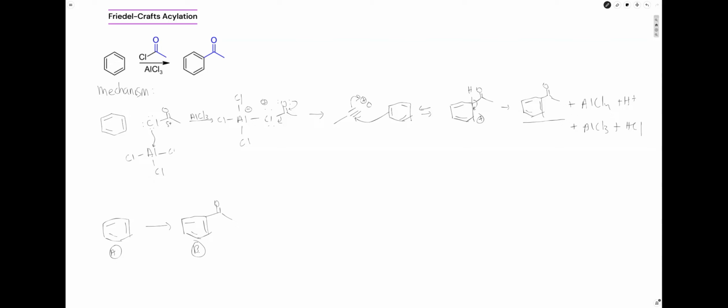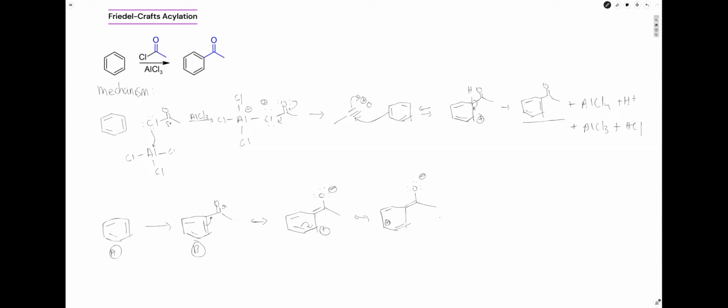And the reality is that compound B is far less reactive than compound A. Why? Because the carbonyl group is withdrawing electron density via resonance, and we can show this like this. And of course, we can also show this moving around if we like, to show that the positive charge can be delocalized around the ring.